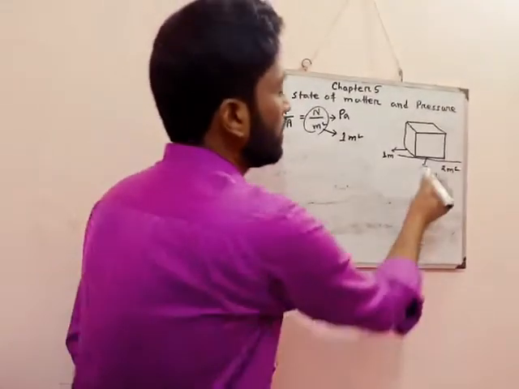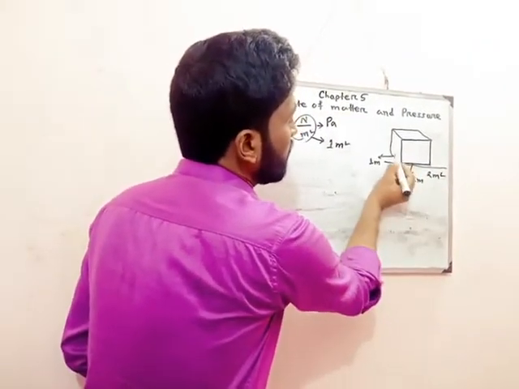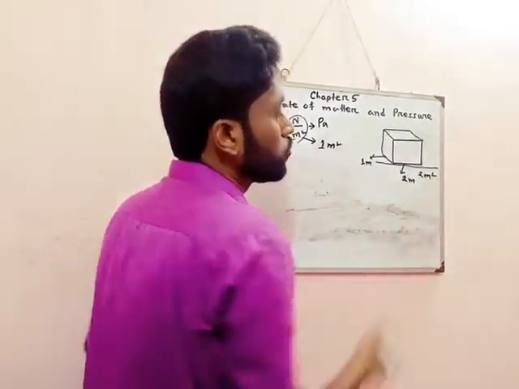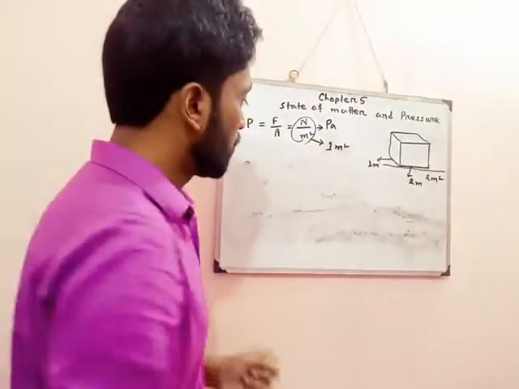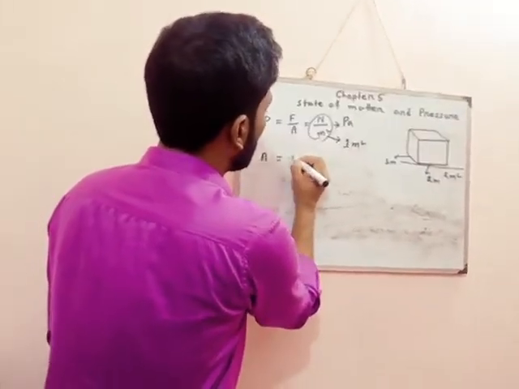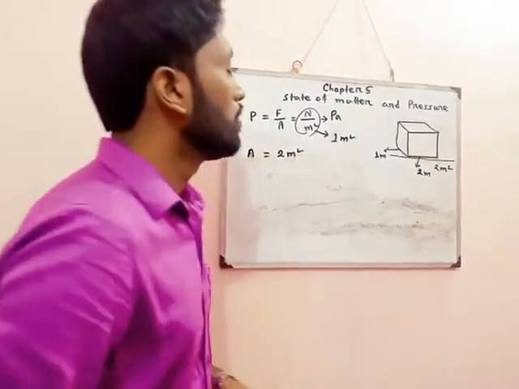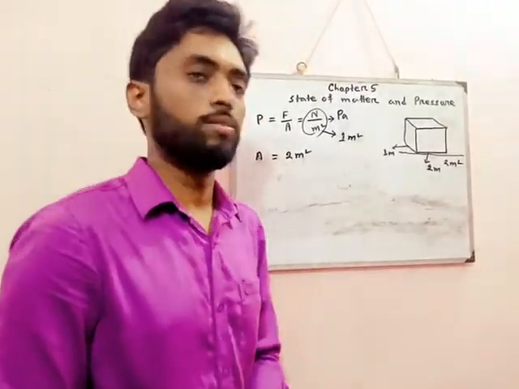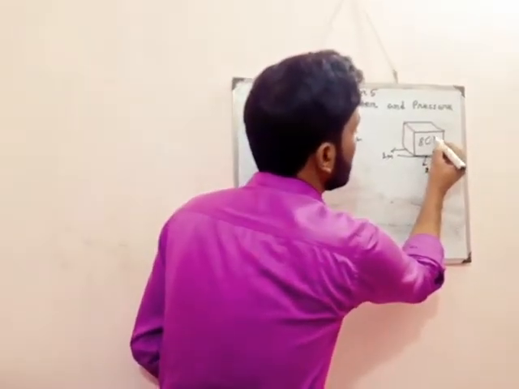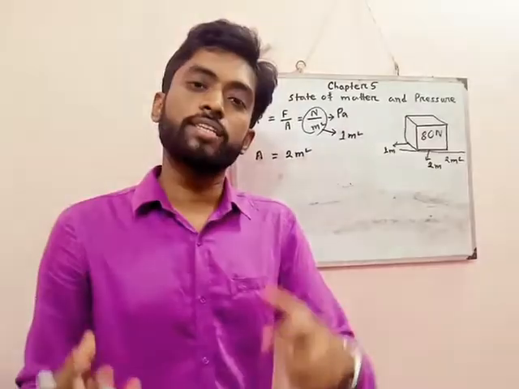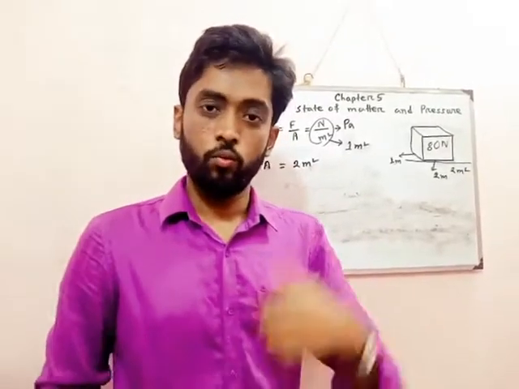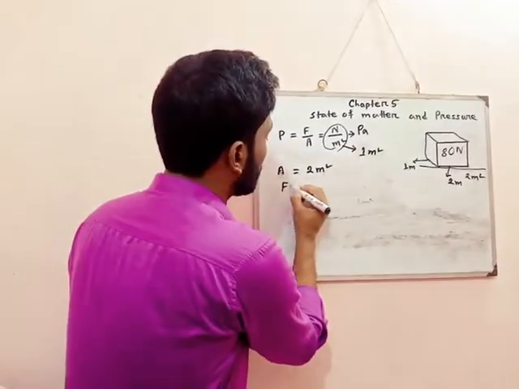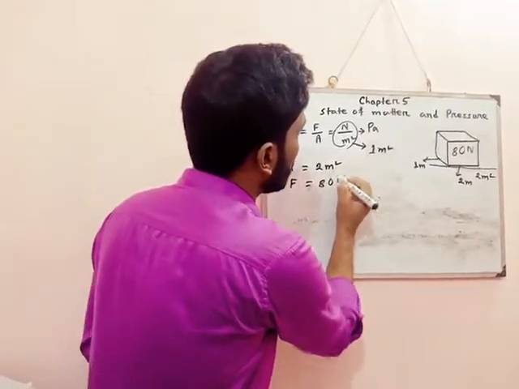That means the length of the box is 2 meter and the base of the box is 1 meter. 1 meter times 2 meter equals 2 meter square. Suppose the weight of the box is 80 Newton. And you know weight is one kind of force. So we can say force is equal to 80 Newton.